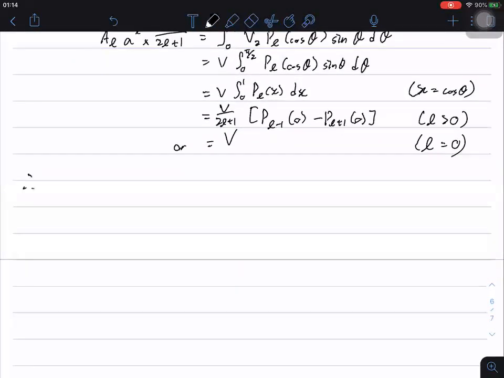Now we have to find the coefficient A_L. For L equal to 0, it's just V over 2. If L is an even number, it basically vanishes and equals 0.